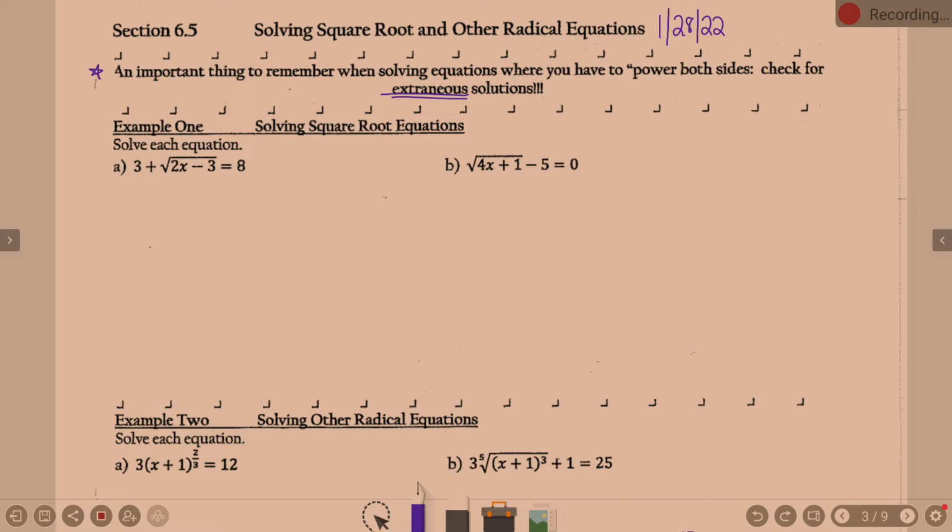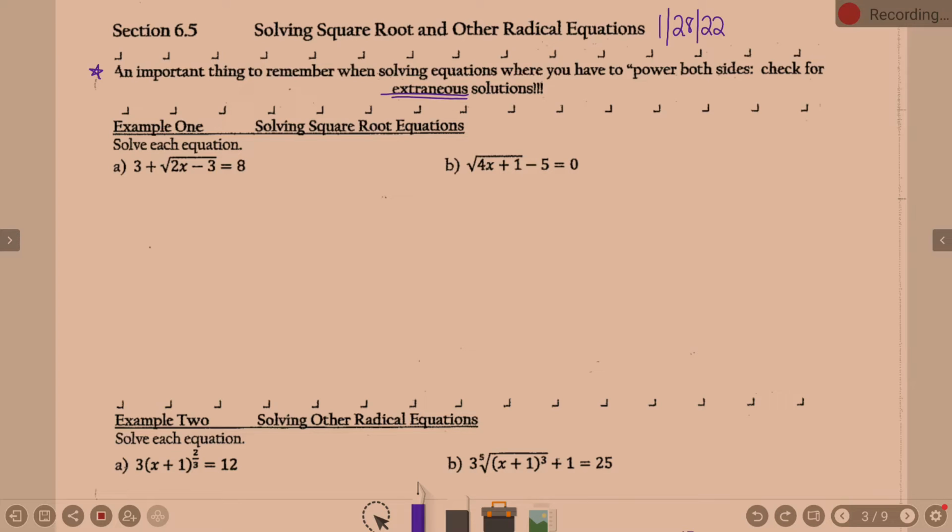Extraneous solutions just happen when you take the square root of both sides, or today it's going to be more powering both sides up. It sometimes creates an extra solution that doesn't necessarily work. Sometimes it will, sometimes it won't. So we're going to want to be checking our answers today.